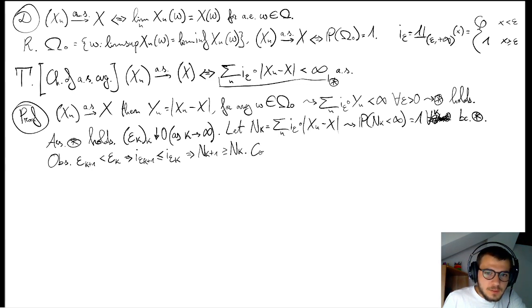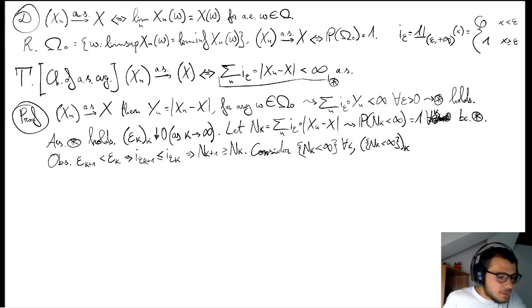And consider the events in which N_k is finite, for any k. And observe that the sequence of such events decreases with k.